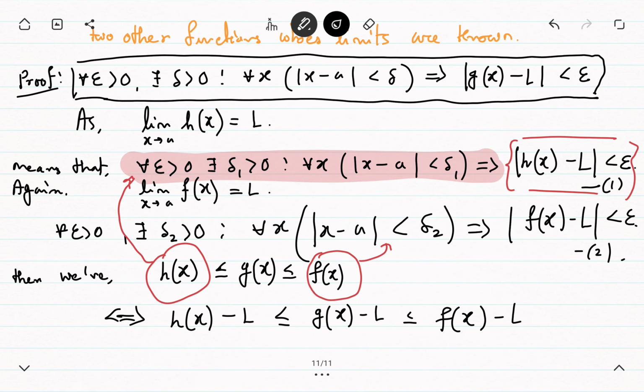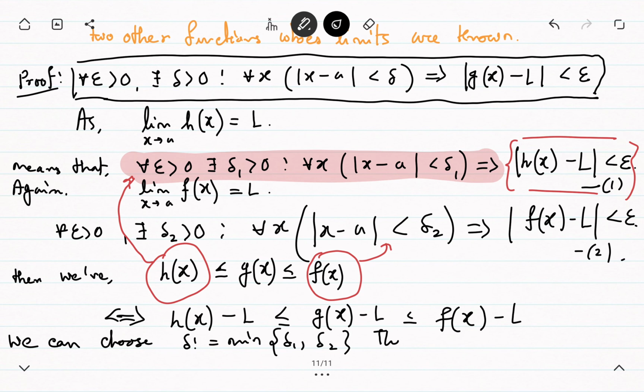So we can now claim that we can choose a delta in such a way that it is the minimum of delta 1 comma delta 2.